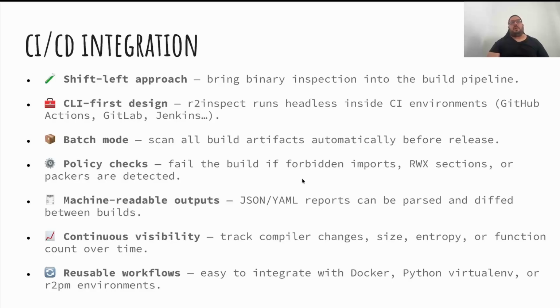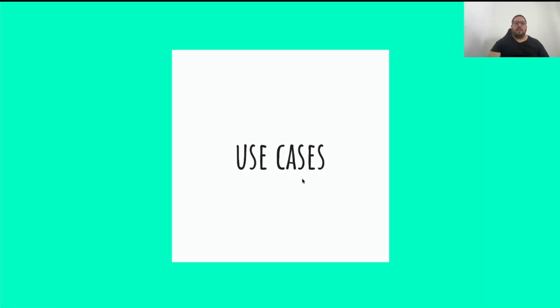You can also reuse existing workflows because it's easy to integrate this tool, and right now it's compatible with Docker, Python virtualenv, or even r2pm environments. So I tried to do something flexible, modular, and also portable to be integrated in whatever place you need.